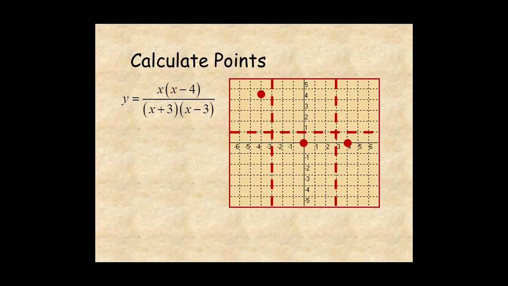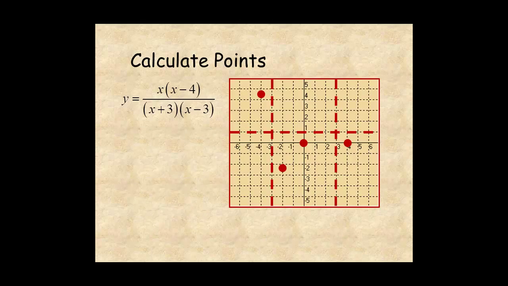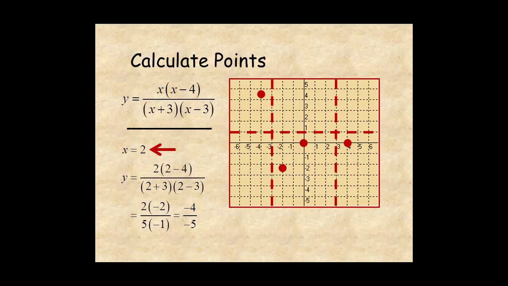For x equal negative 2, y equals 12 over negative 5, and there's a point at (negative 2, negative 2.4). For x equal 2, y equals negative 4 over negative 5, and there's a point at (2, 0.8).